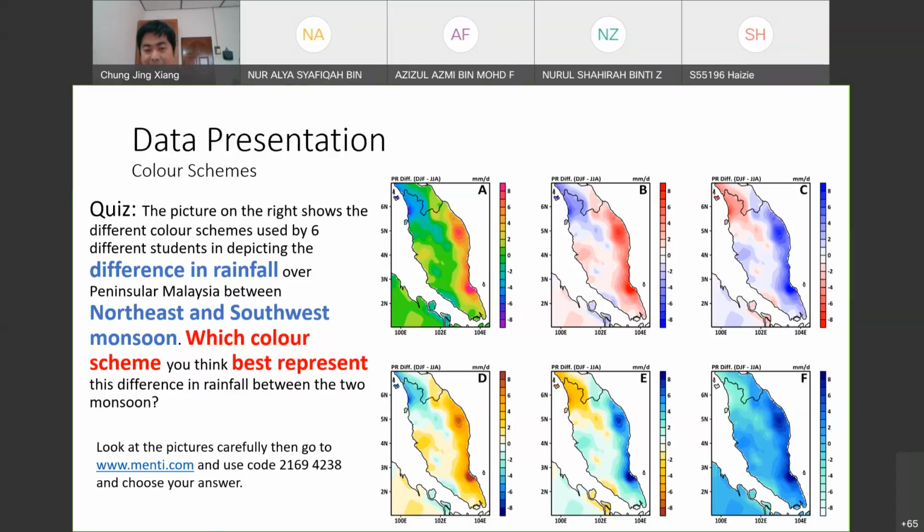Like 24 people, where are they? 23%. Okay.